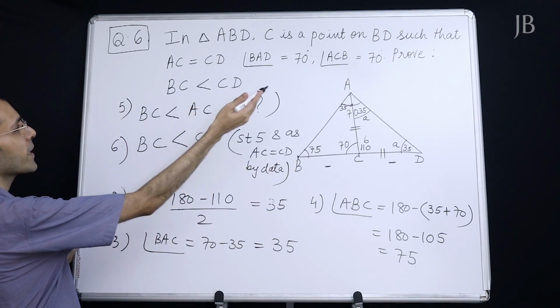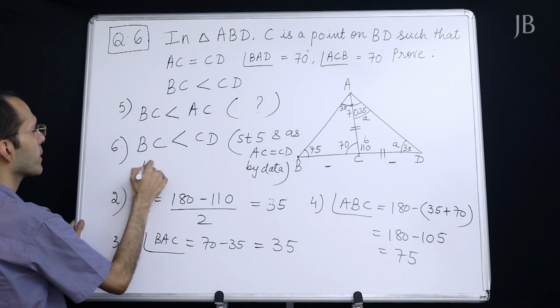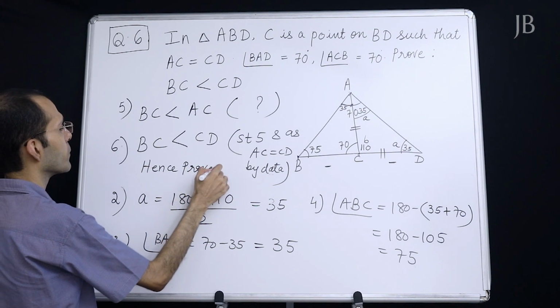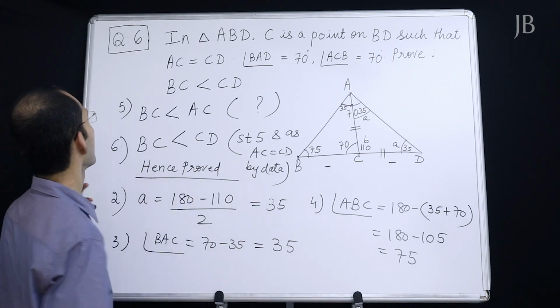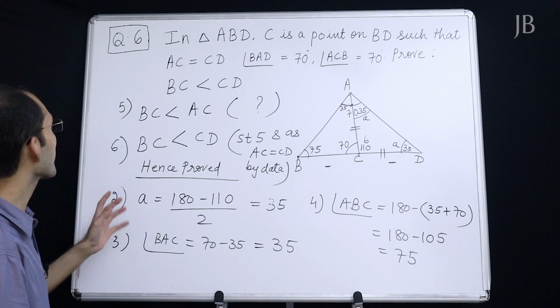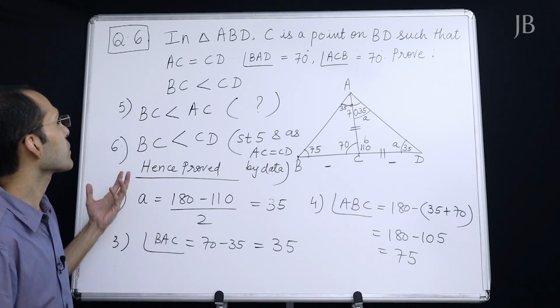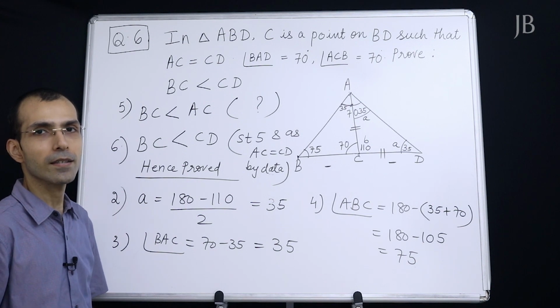So that is what we had to prove and we have proved it. So hence proved. Done. So this completes your question 6 and now this topic stands complete. Thank you so much.